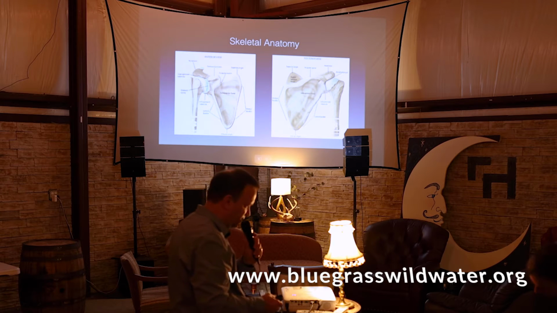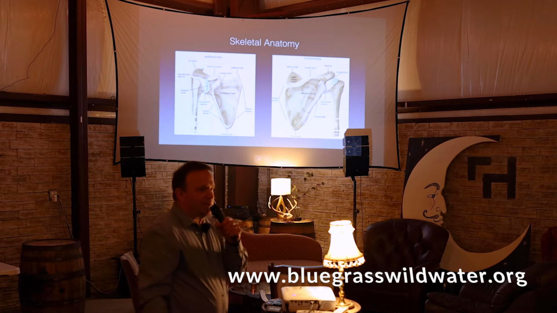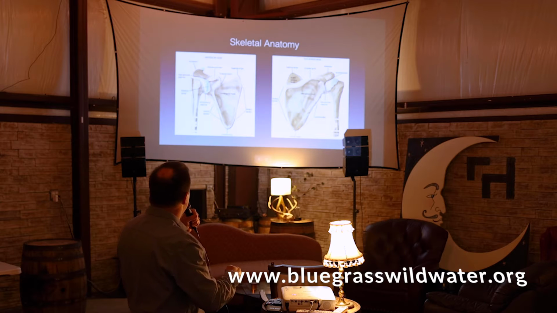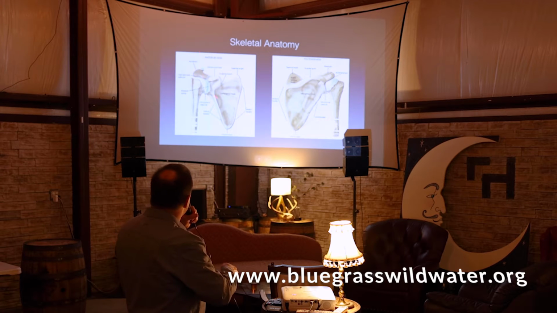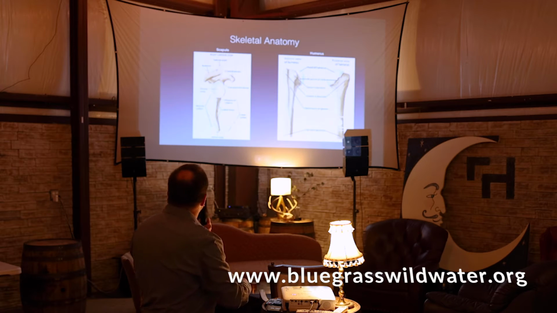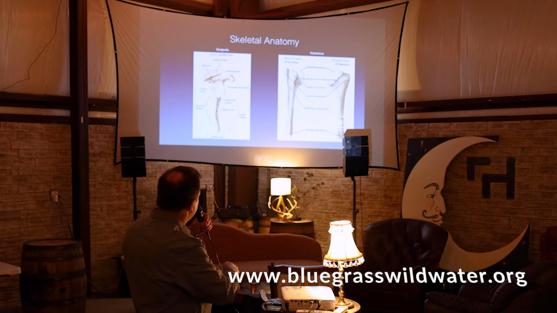Check. All right, cool. All right, so we're going to briefly go over the anatomy first, the shoulder anatomy. This is the scapula, humerus. This is where the scapula interacts with the humerus, right there on the humeral head.